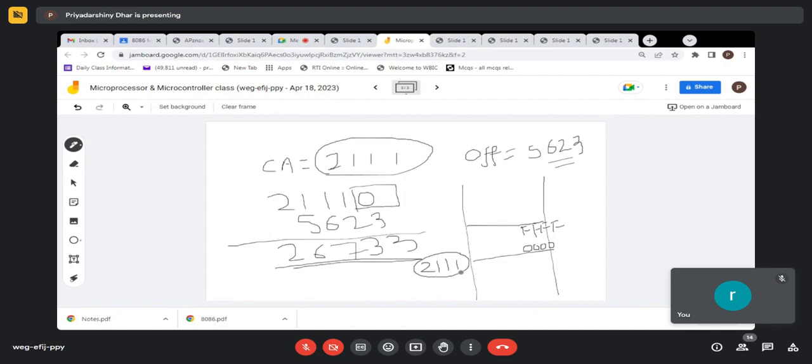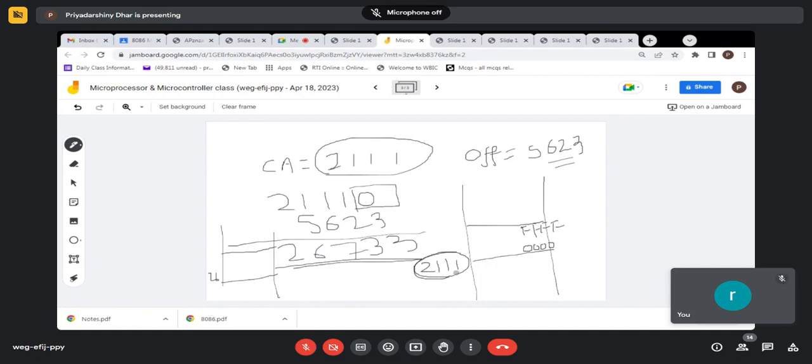Now, this is the segment address, and the physical address we can write as 26733. Clear?